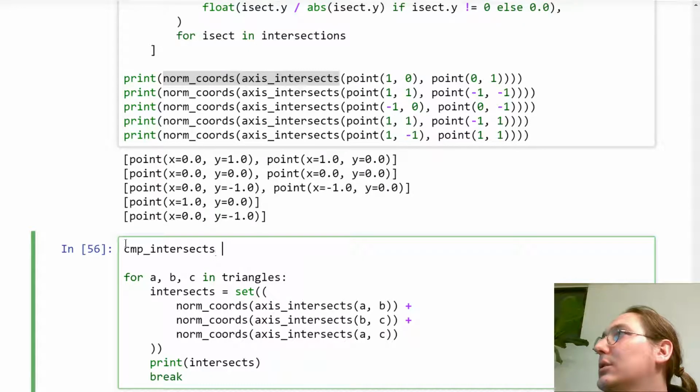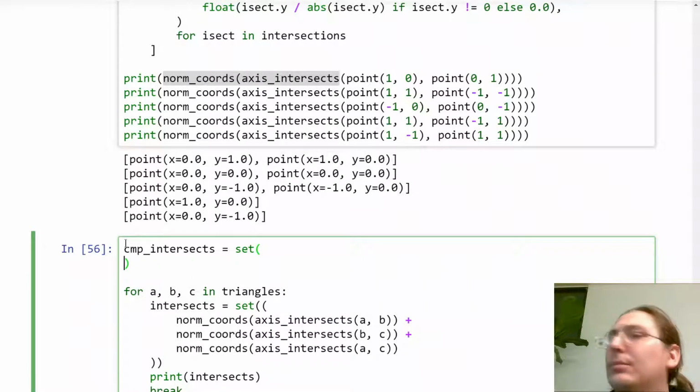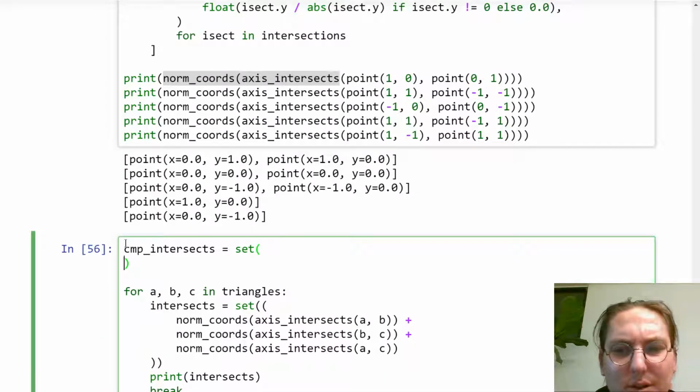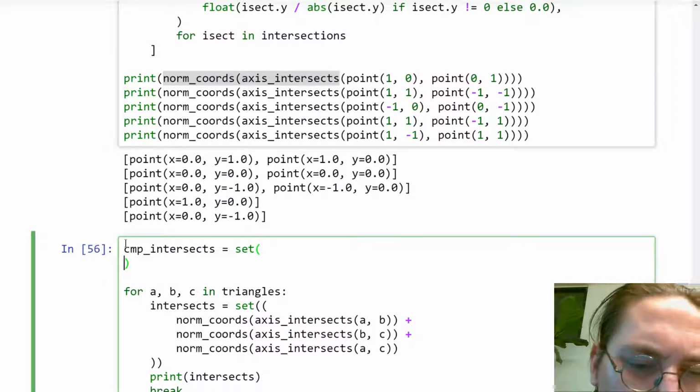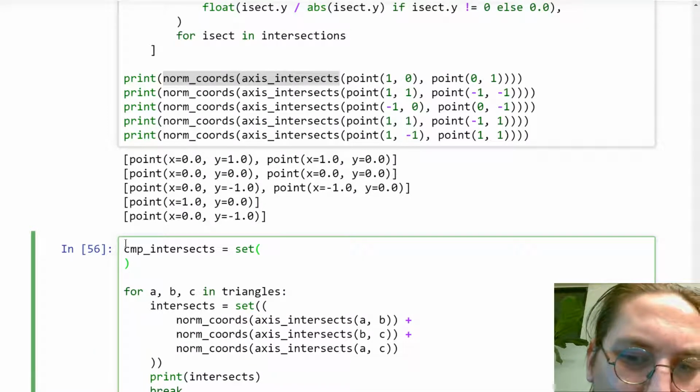Isn't it enough to have 4 different ones? Well, it could be, maybe. With 4 different ones, I guess it works differently if we don't have 0, 0 in there. Right.